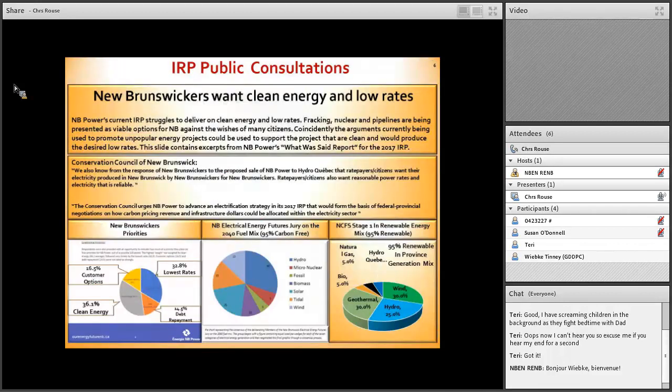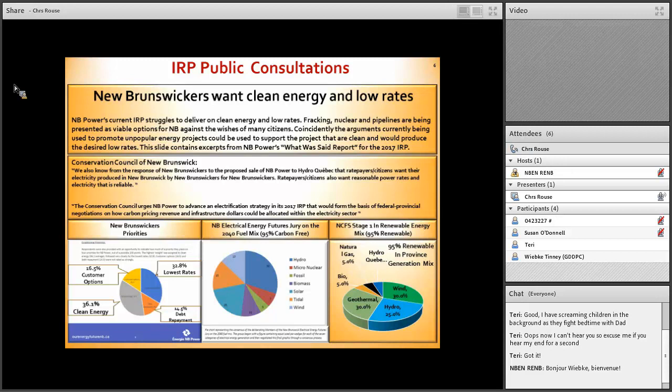I think it's really important, as activists and governments and everybody, that public consultation is really important. Whatever pathways we take, I think public consultation is really important. And New Brunswickers have said that they want clean energy and low rates.